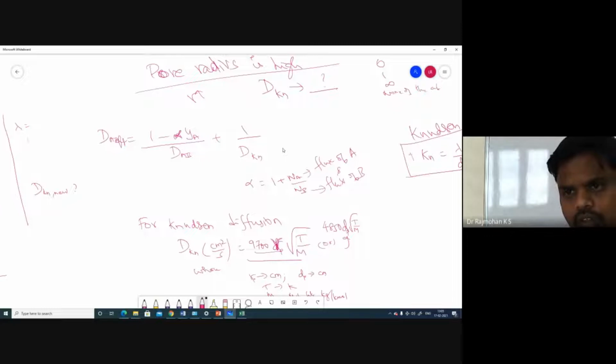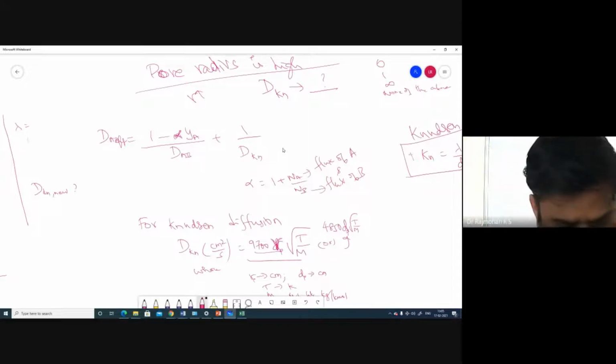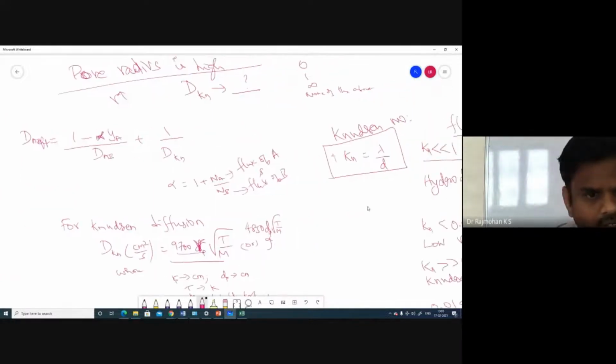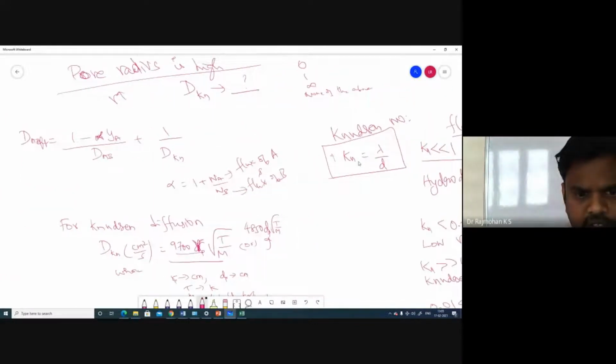Can one of you answer? See, when the pore radius is increasing, how do we define the Knudsen number? Knudsen number is given by lambda by d, right?